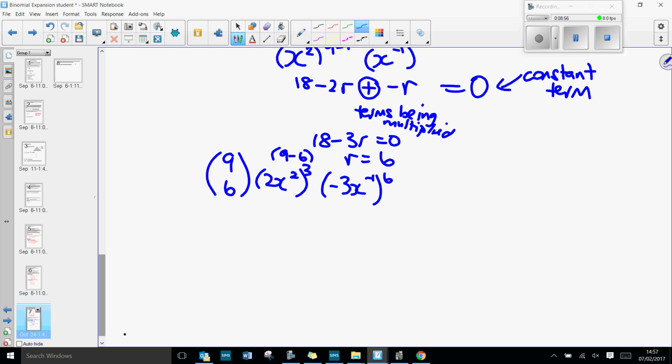So we need to find 9 C 6. Then we've got 2 cubed, so that's 8, and negative 3 to the power 6. 489,000.